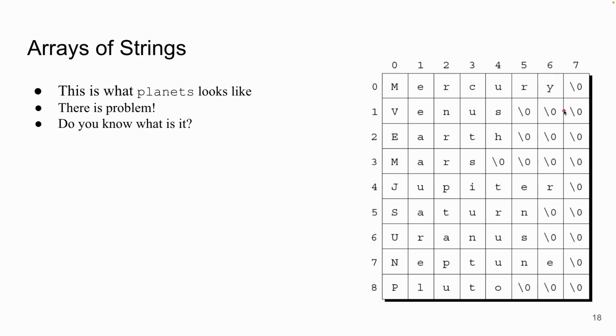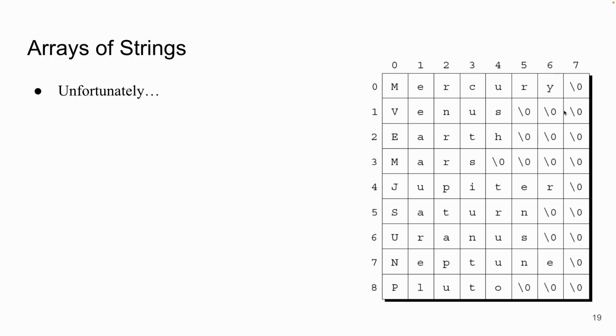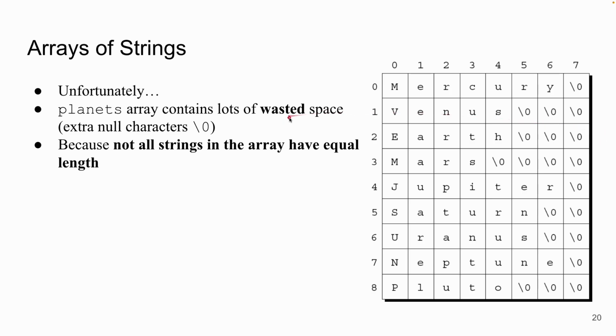However, there is a problem here. Do you know what this is? This is not the best way to store the names of planets in C. If you know what happened here, or you can think of some clue, that means I would say you are talented in computer science, okay? Unfortunately, the problem is that this planet array contains lots of wasted space, right?